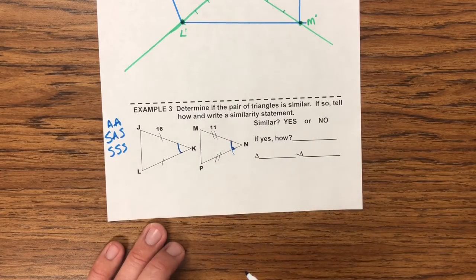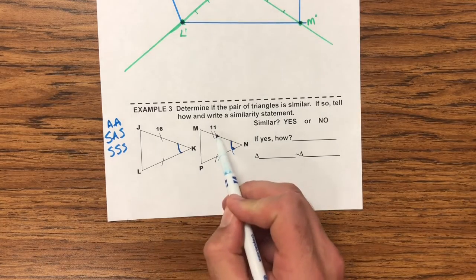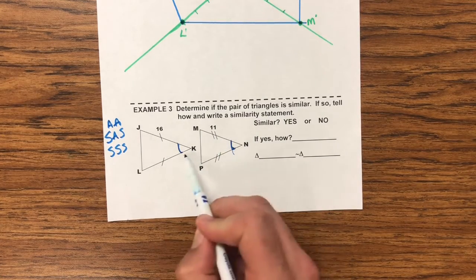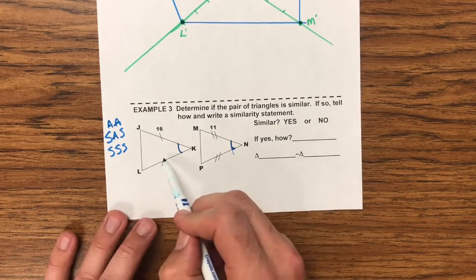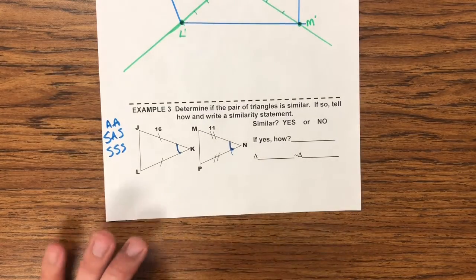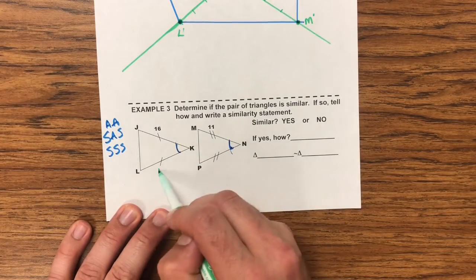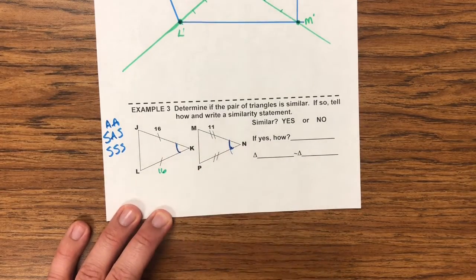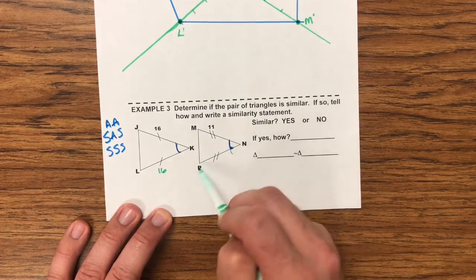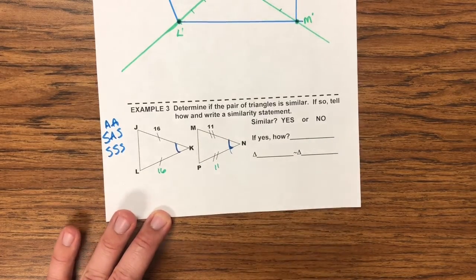Okay, so what do we need to say about this? Okay, you got this 16 and this 11. We have nothing and nothing. But what we do have is these tick marks that are here. Those tick marks tell us that this LK is 16 also, just like the tick marks there. And this 11 is going to be the same here. That's 11.